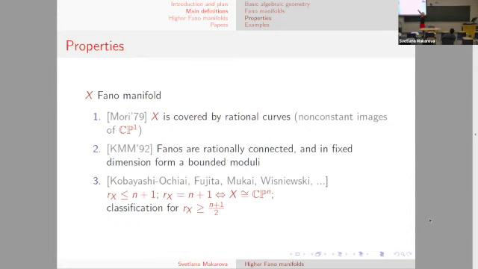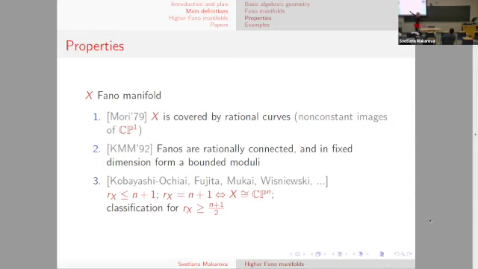So there is a classical result by Mori that X is covered by rational curves, and by a rational curve, I mean an image of CP1. So we map the projective line into our X, and we want this map to be non-constant. And I actually don't care if this CP1 self-intersects inside X, or if it becomes singular.